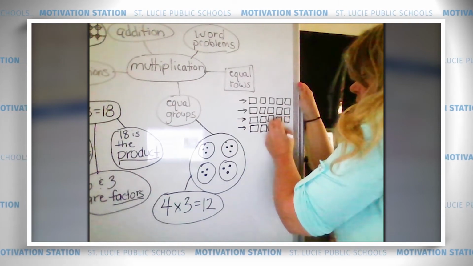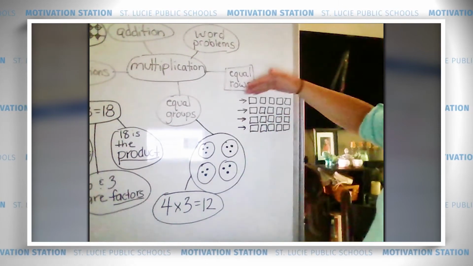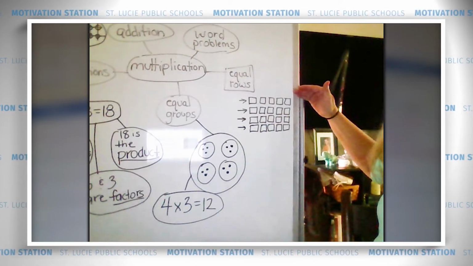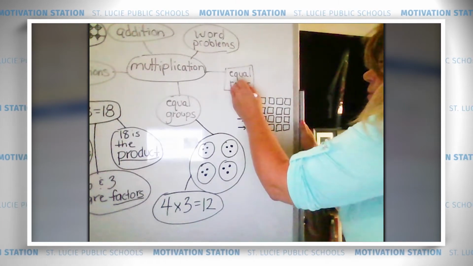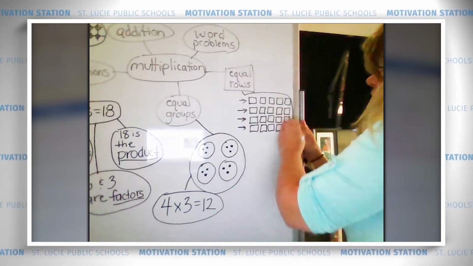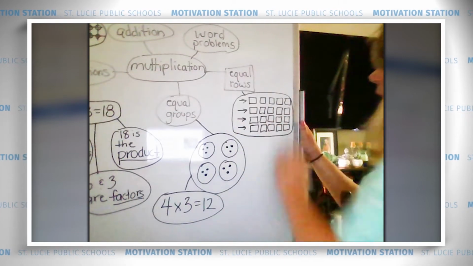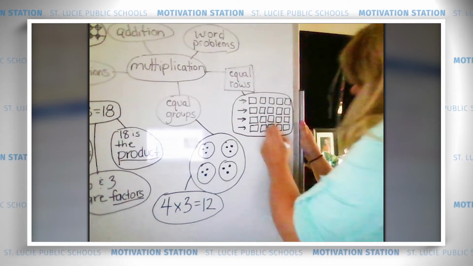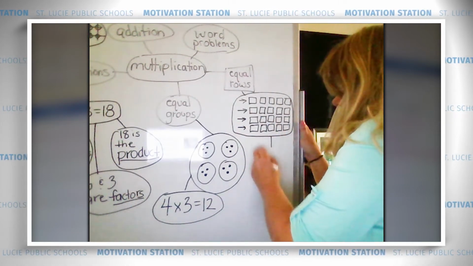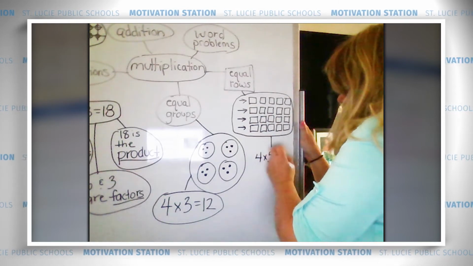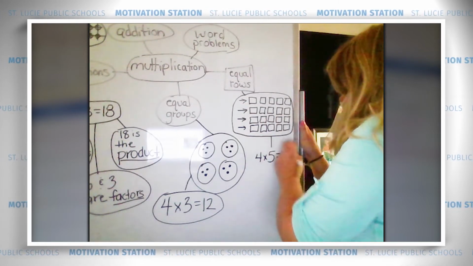You should be making this array: 4 rows with 5 in each row. I'm going to show that here, attach it to my equal rows, and then I'm going to write the equation for that, which would be 4 times 5 equals 20.